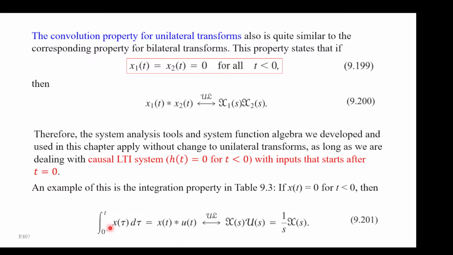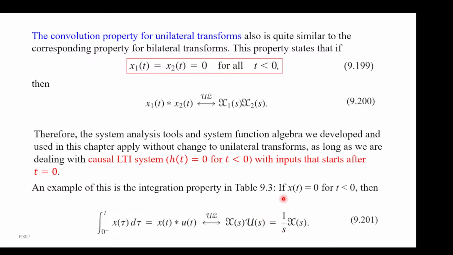And if our x of t satisfies this condition, equal to 0 for t less than 0, and u of t already satisfies this condition, then both conditions are satisfied, and you can unilateral Laplace transform both of them and multiply them. That will be the unilateral Laplace transform corresponding to this thing, and so this is big X of s times big U of s, and big U of s we know is 1 over s. So it is 1 over s times the unilateral Laplace transform big X of s.